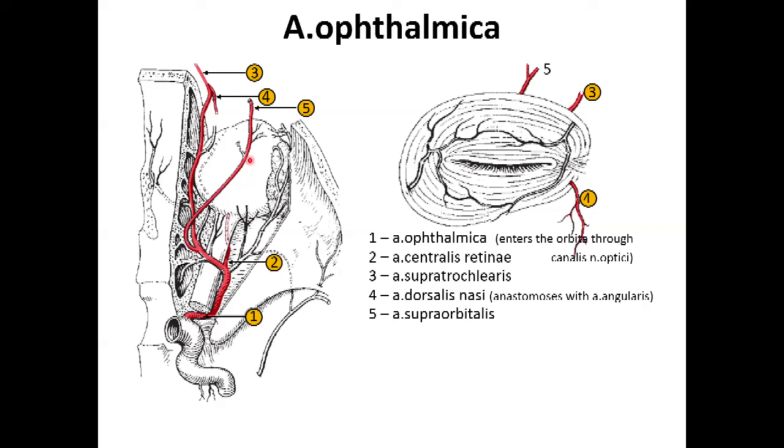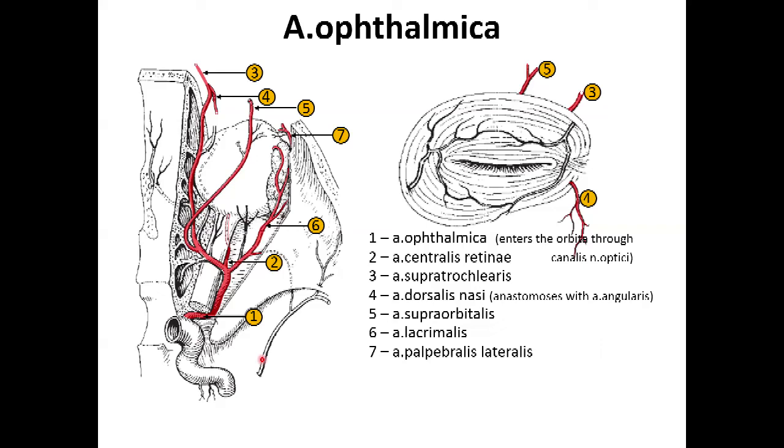And now, number 6. What is it? It's Arteria lacrimalis. You can recognize here glandula lacrimalis, which is located laterally inside of the orbit, and Arteria lacrimalis supplies it with arterial blood. And then number 7, here it is.